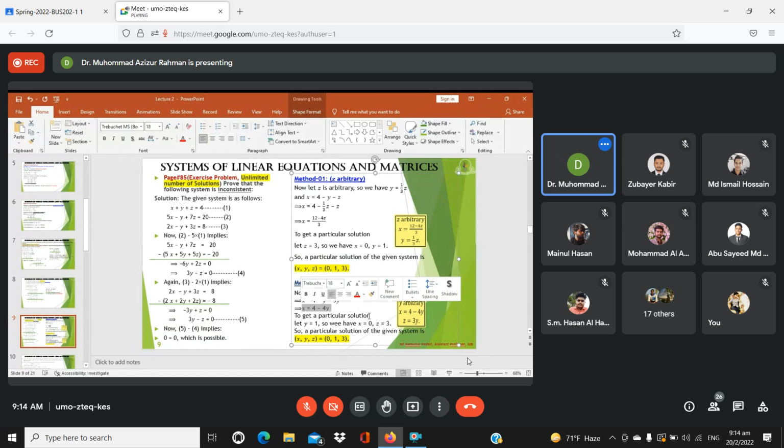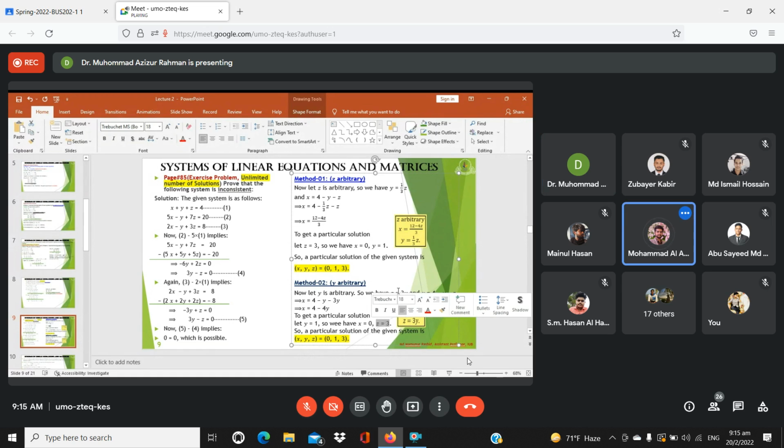Now you choose the value of y arbitrary. Let's choose y equals 1. So what will be the value of z? 3.